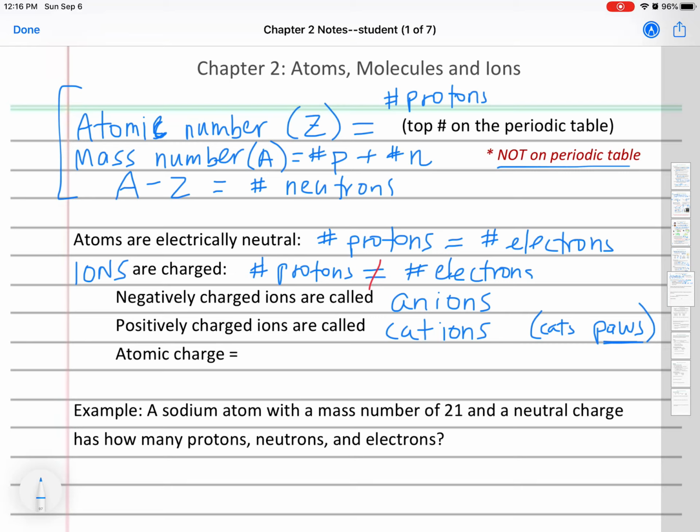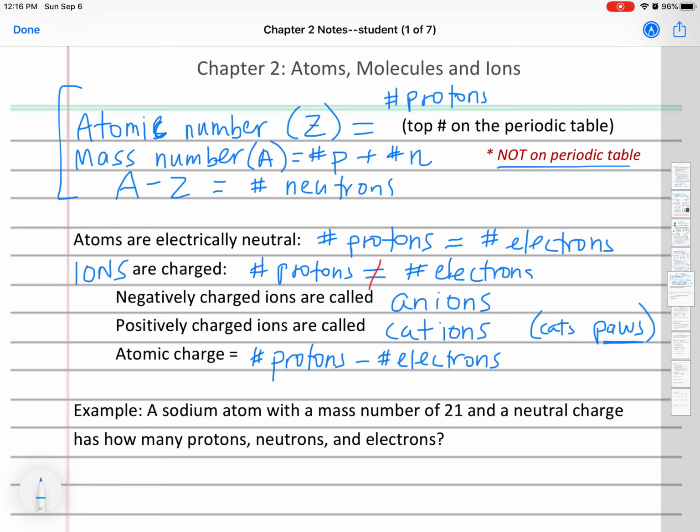And you can figure out the magnitude of the charge simply by doing a little math problem, taking the protons and subtracting the number of electrons. And if you have the same number of protons as electrons, that subtraction will come out to 0. You have a neutrally charged atom. But if the number of protons and electrons differ, then the... what is it called?